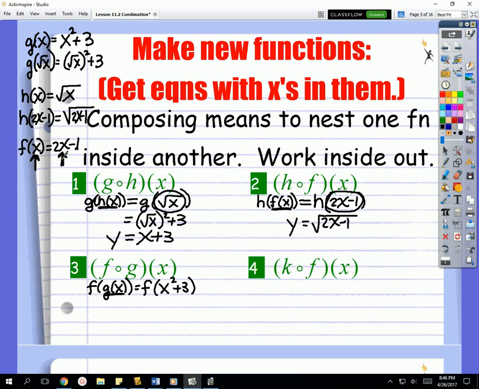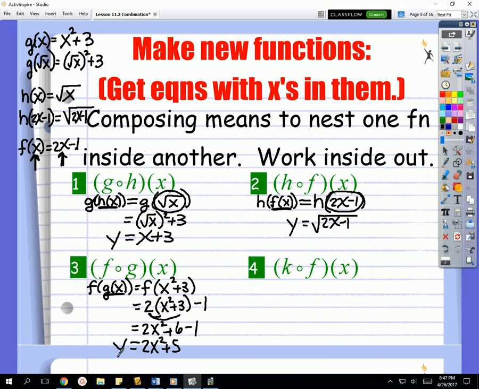So f of x squared plus 3 would be 2, and instead of just x, it's x squared plus 3. And then I put minus 1 out there at the end. Now what I've got to do is distribute and try to clean up. So I get 2x squared plus 6, and then that minus 1 still out there on the end. I can make it 2x squared plus 5, because 6 minus 1 is 5. I can't do anything else to make it neater. So stick a y equals in front of it, and you've got your brand new equation.